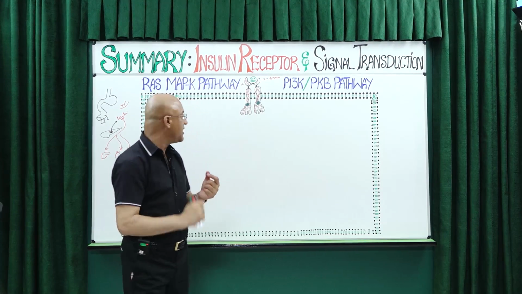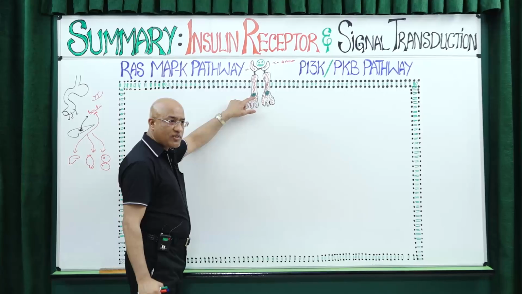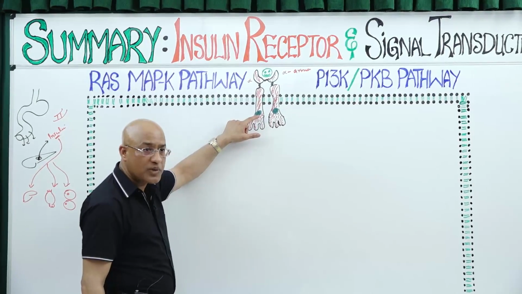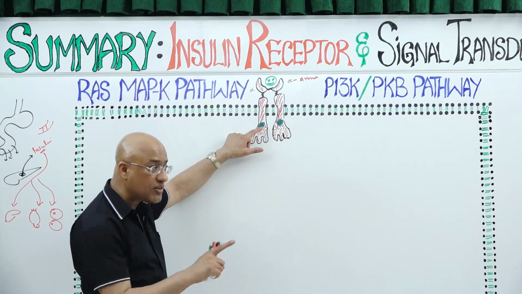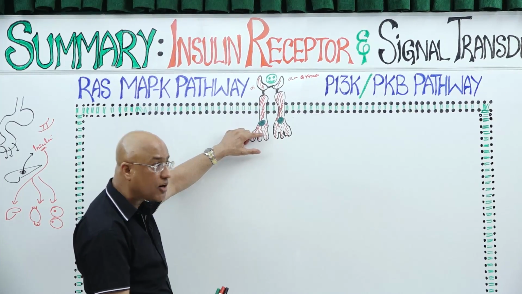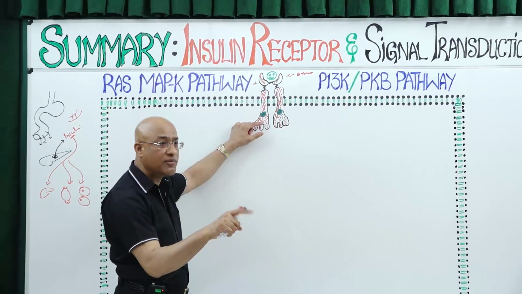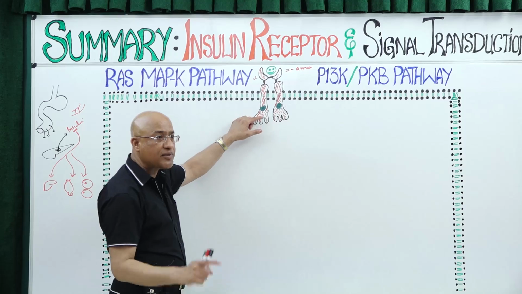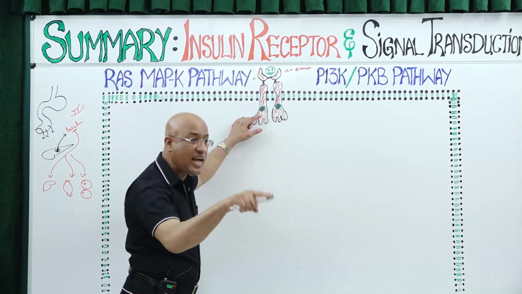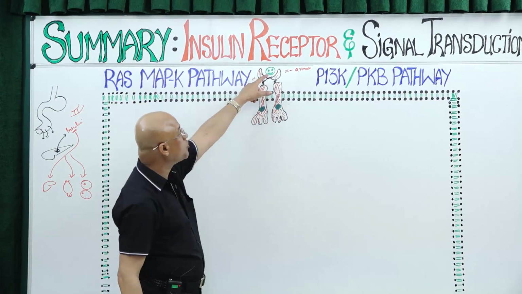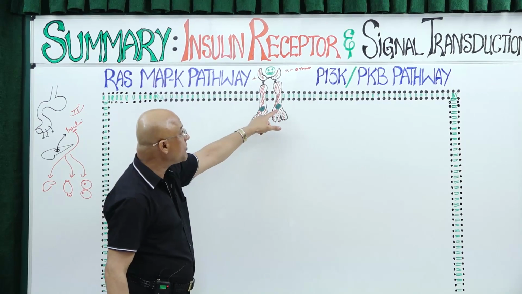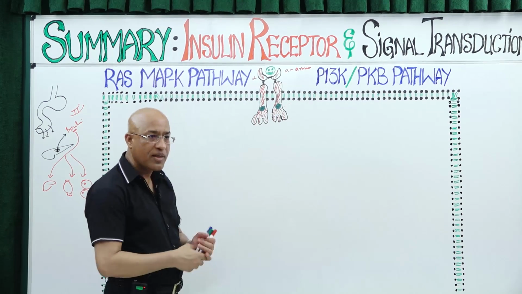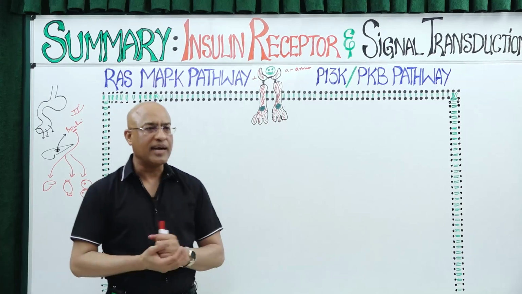So basically, this enzyme is tyrosine kinase. The intracellular part of the beta subunits of insulin receptors has intrinsic tyrosine kinase activity, and once insulin binds with the alpha units, we stimulate the beta units, and that results in activation of the intrinsic tyrosine kinases.